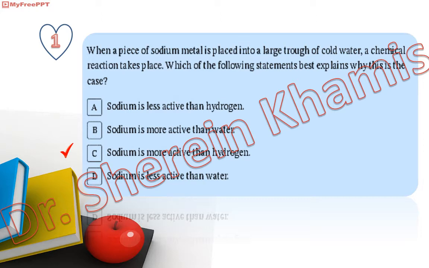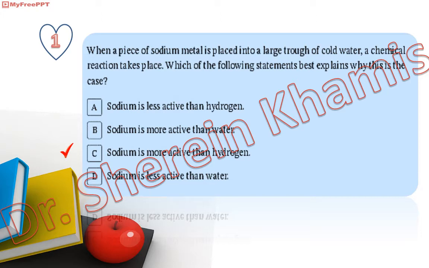So here sodium is more active than hydrogen, as it replaces hydrogen of water or hydrogen of acid and enters into the compound or the reaction. If we have sodium plus HCl, it will remove H and make the salt NaCl, and hydrogen gas evolves.